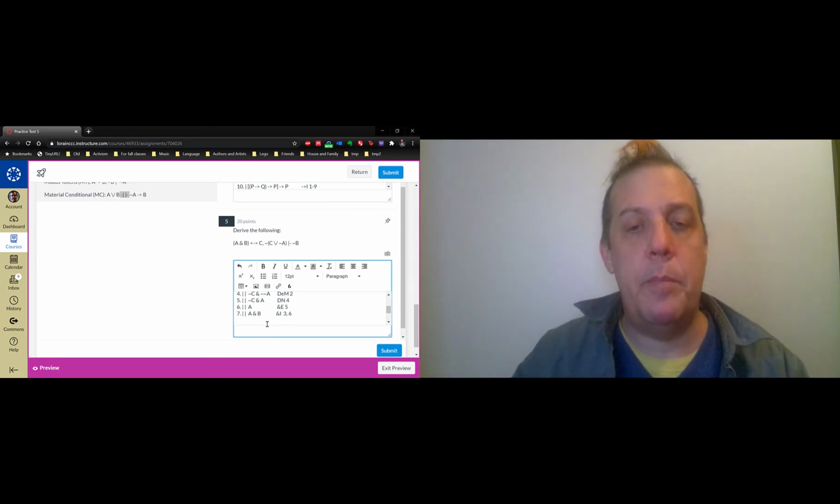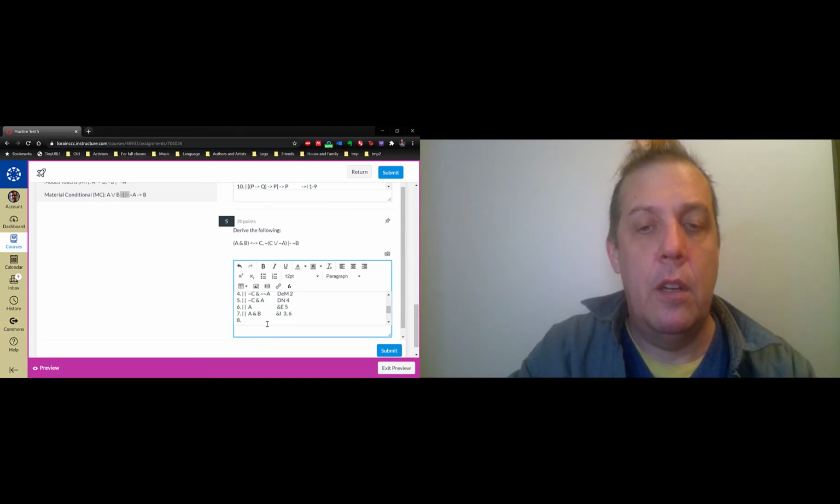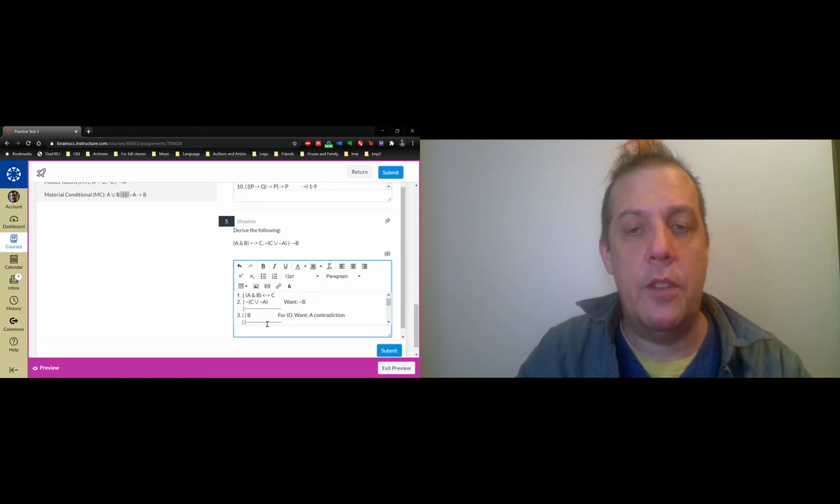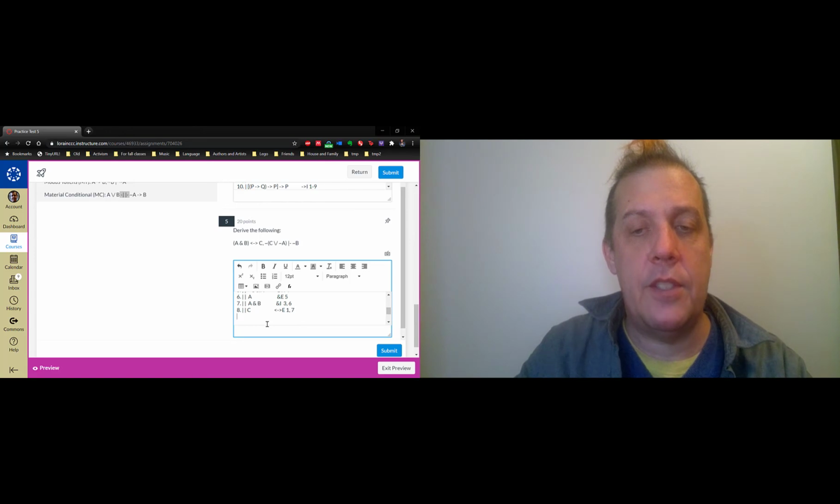So A and B gets us C by biconditional elimination, lines 1 and 7. Line 1 is that biconditional. There's our C. And then we get a not C, line 9.